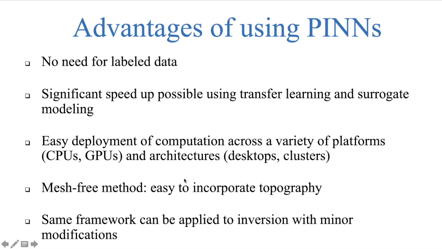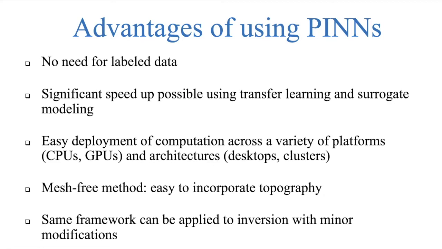There's also another important feature, which is easy deployment of computation across a variety of platforms and architectures. While we have to write separate codes for clusters or GPUs or CPUs for the fast sweeping method, for the PINNs we just have our code in, for example, TensorFlow, and the same code can be ported to different platforms and architectures.